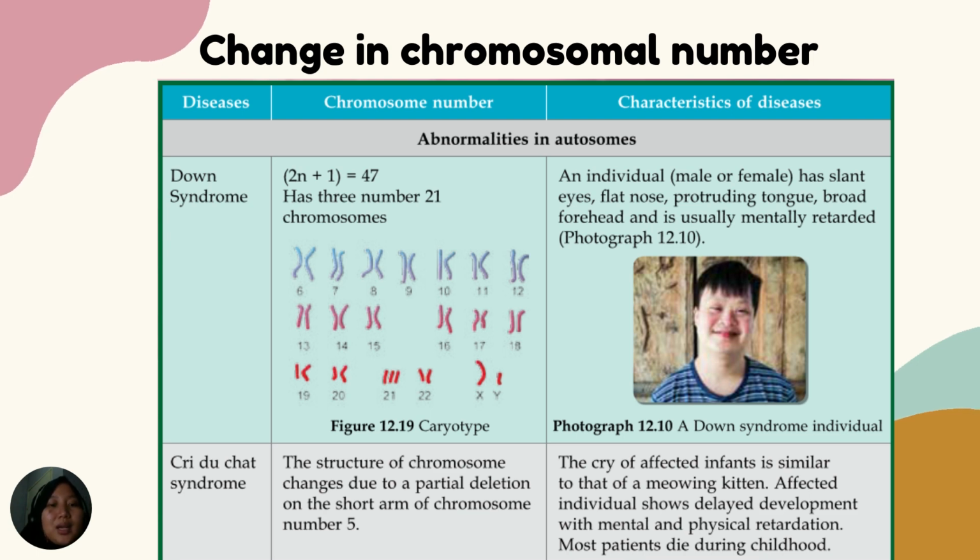Okay, and then Cri-du-chat. Cri-du-chat is a syndrome that has a partial deletion. Deletion means that part of the arm of chromosome number 5 is deleted. So a person with this mutation has a cry that affects the infant, like the meowing of a kitten. It means the baby cries and sounds like a kitten.